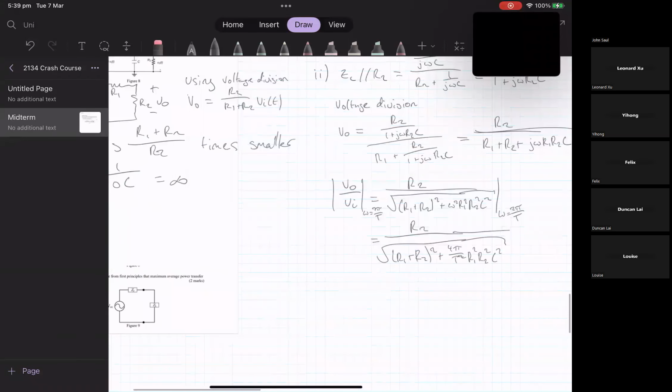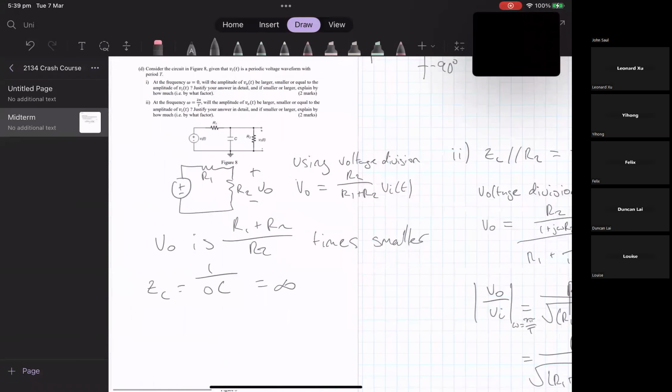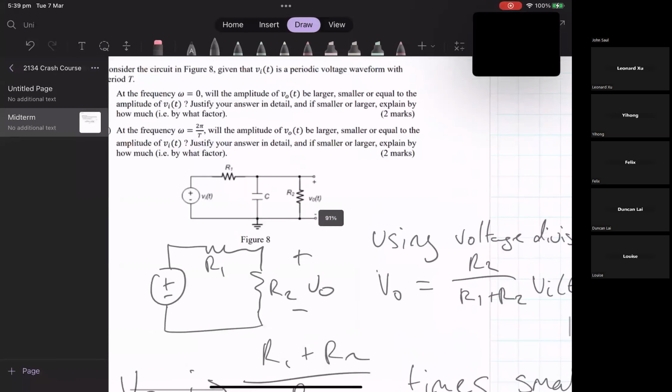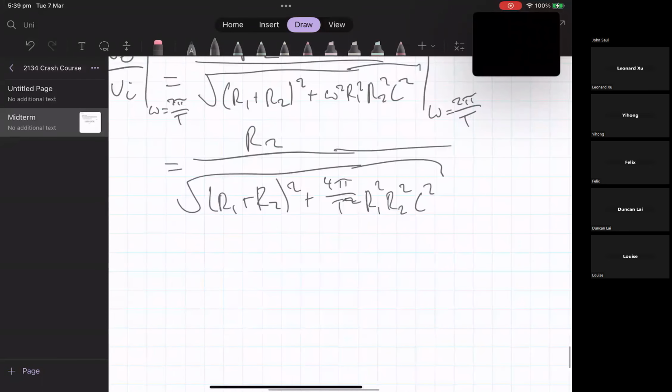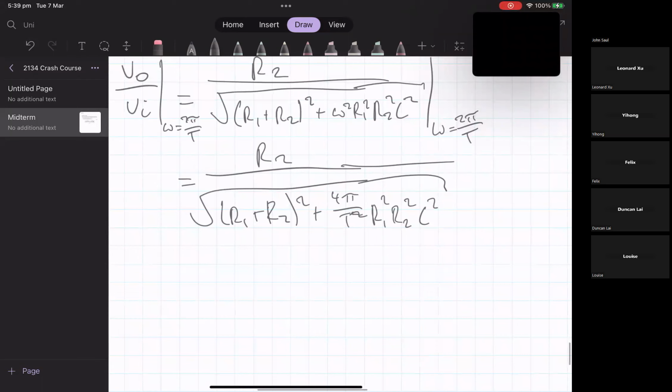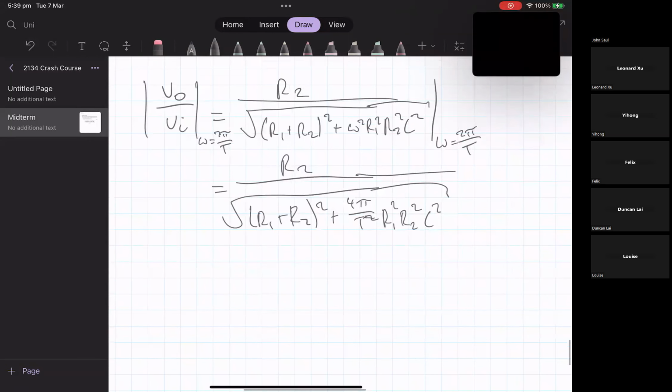And then in the same way, we can say that V out will be smaller than V in using this transfer function. We can clearly see that the numerator will be smaller than the denominator.